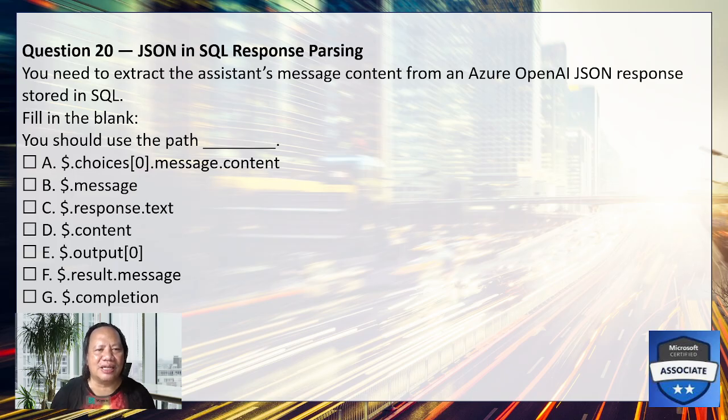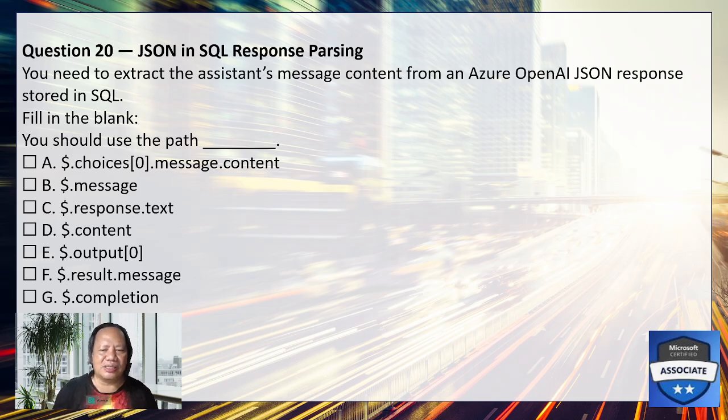You need to extract the assistant's message content from an Azure OpenAI JSON response stored in SQL. Fill in the blank. You should use the path $.choices[0].message.content, $.message, $.response, $.content, $.output, $.result.message, or $.completion. In the exam, you will see a lot like this, and you will get easily intimidated, because it's confusing.